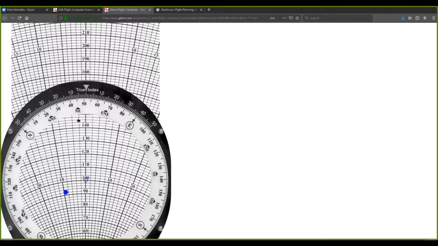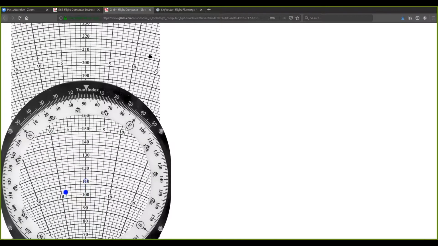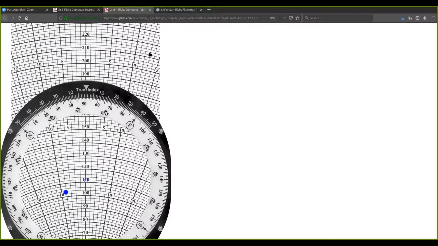I'm going to give you an example, and the true airspeed is 103 knots. So I'm going to move this until 103 is under my blue mark right here. This is 100, 102, 104, and then 103 is right in the middle. Does everyone see that?